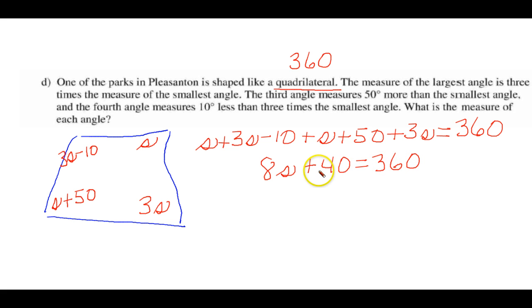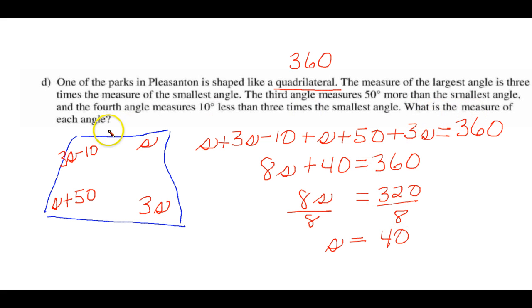Now what do we do? Well, we subtract 40, or transpose it, and that gives us 320. And we divide everything by 8. So we get S equals 40.